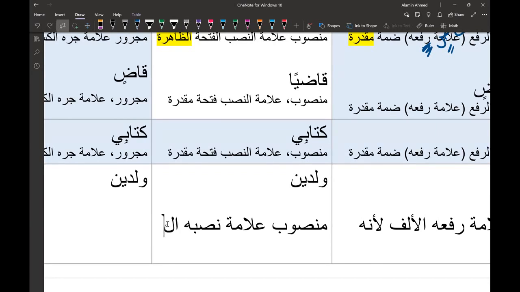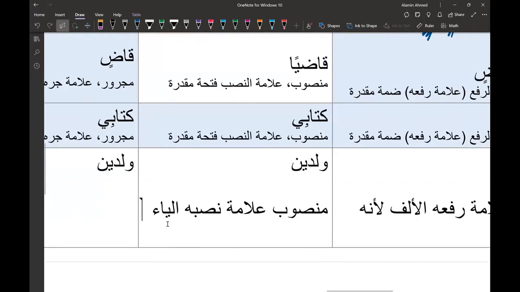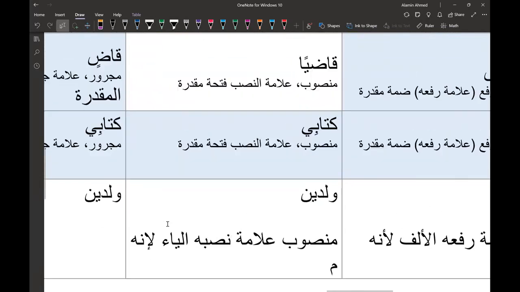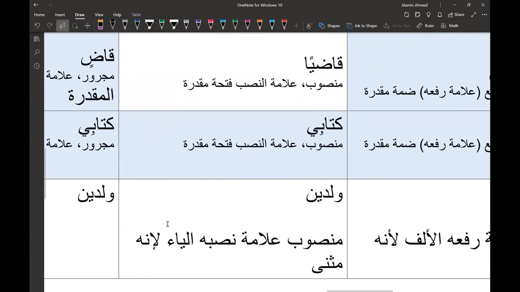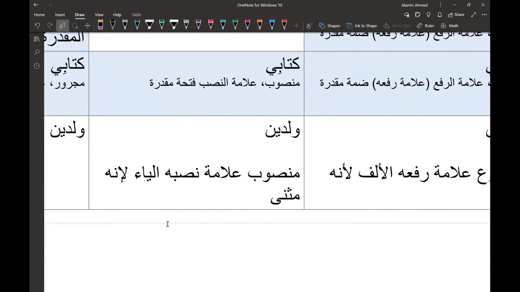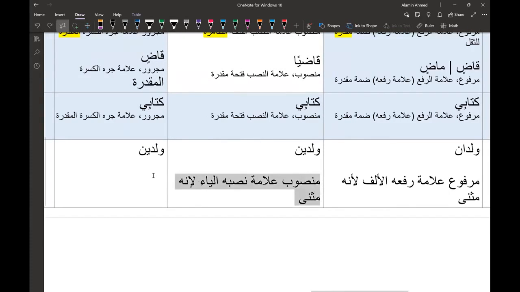Alamatul nasb is al-ya, li'annahu muthanna. Okay. So inshallah, the rest I'll do it. You understand? It's actually going to be the same thing. I'll just replace.